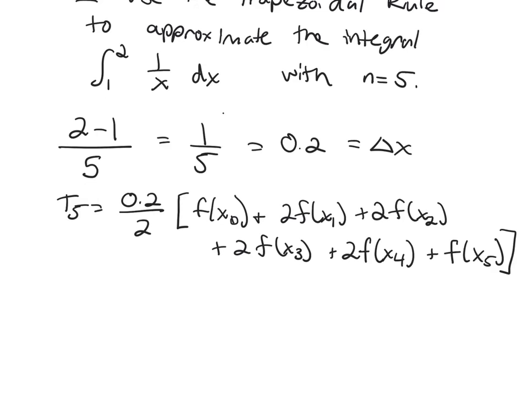Okay. So I can simplify. This is 0.1. So x0 was the start of my interval, which was 1, so f of 1.